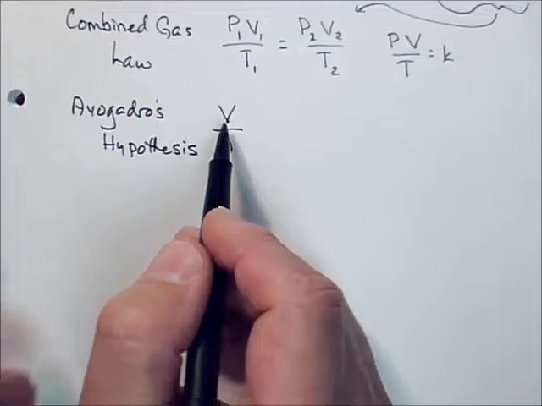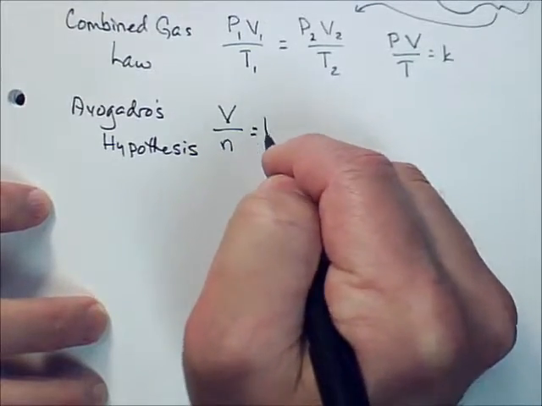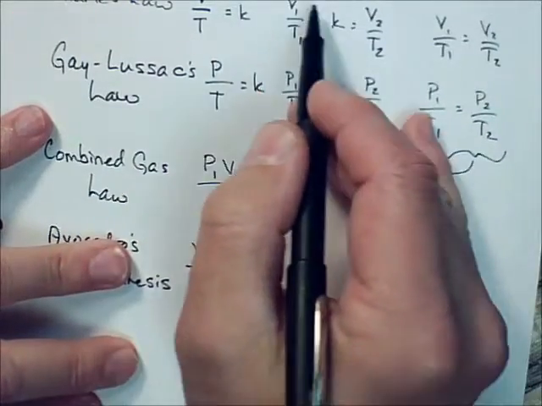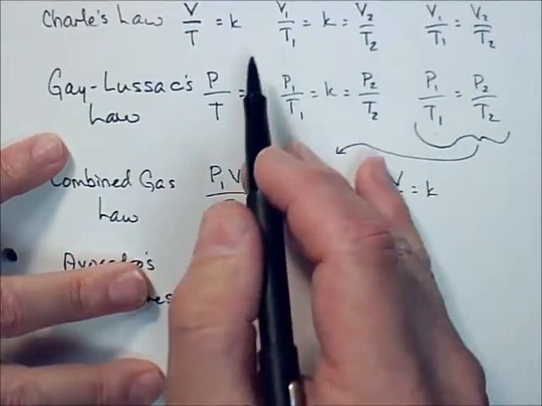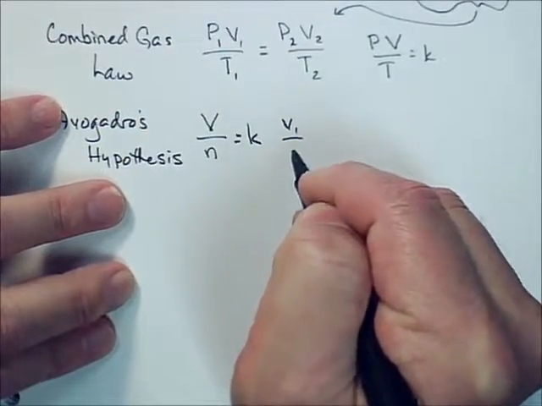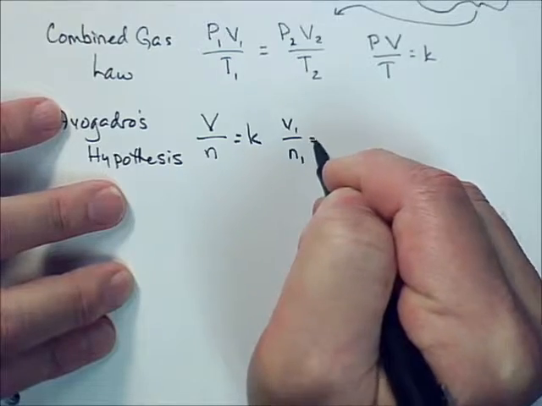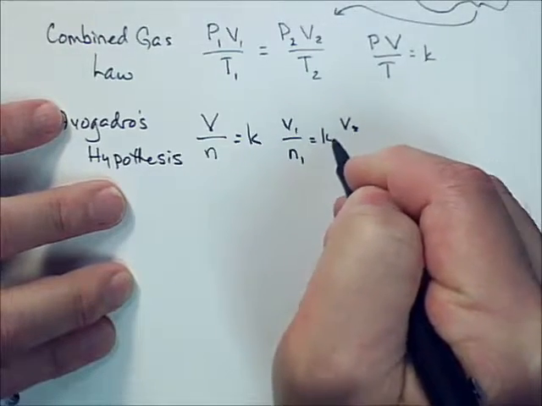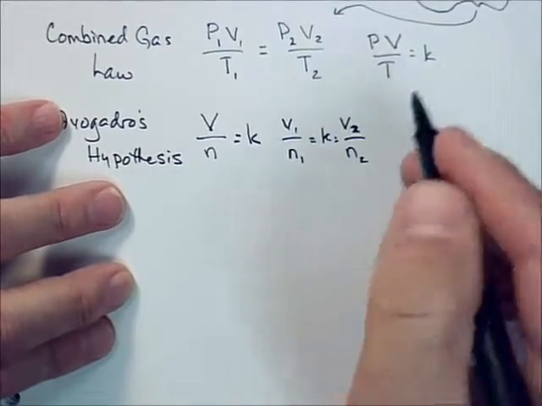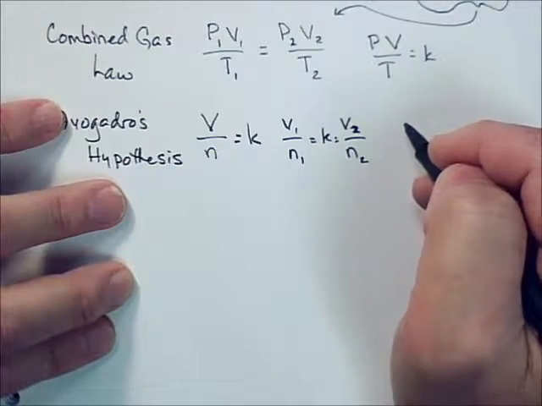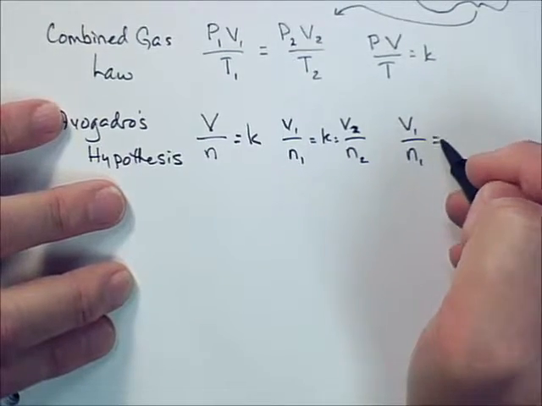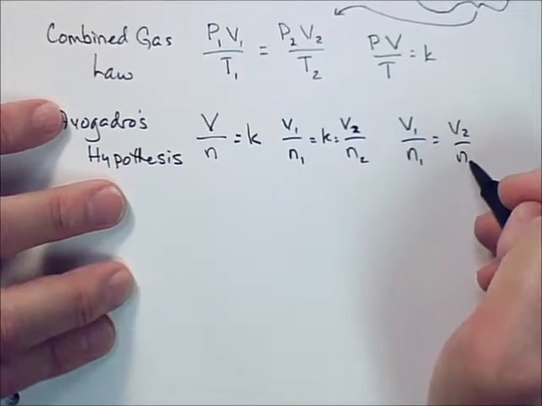N is the number of moles of gas, and the volume have a relationship in which they equal some constant, which, using the same mathematical concept we used up here, if that's true, then V1 over N1 equals K, and V2 over N2 also equals K, and therefore V1 over N1 equals V2 over N2.